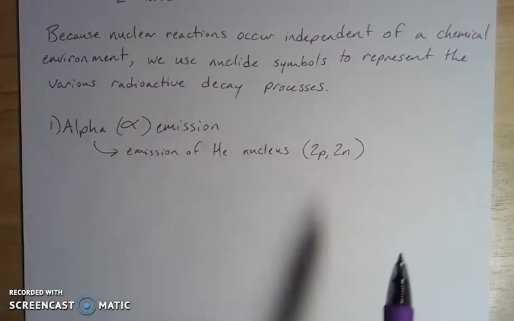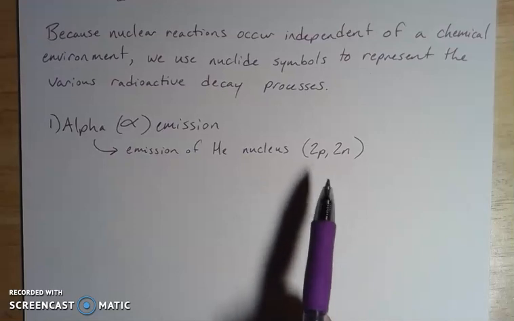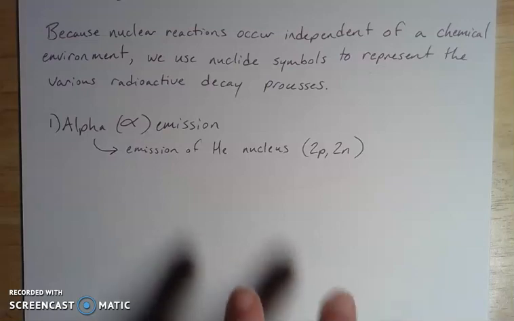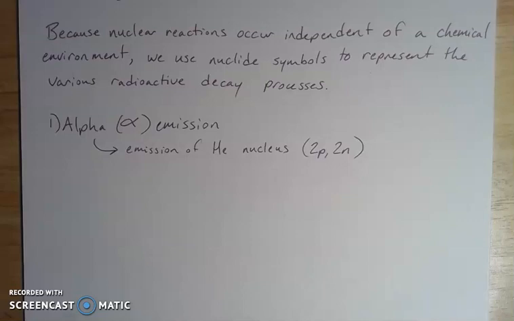The goal of alpha emission is to get smaller, right? I'm trying to get rid of those nucleons as quickly as possible, so I'm going to get rid of them 2 at a time and in equal amounts. So it doesn't matter that I have an imbalance. If you've learned a little about the region of stability or the band of stability, this is something that's up on the high end. I just have too many particles.